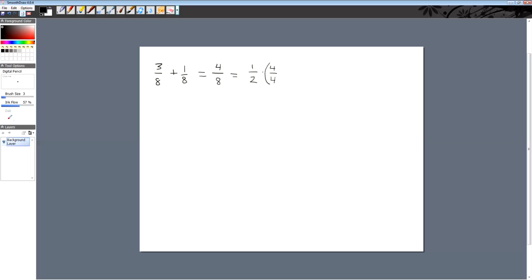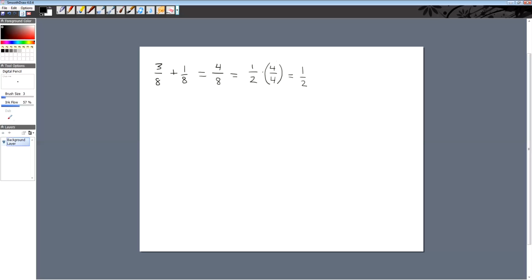And we know that any number divided by itself is 1. So a half times 1 is the same as 1/2. So the answer here to this problem is 1/2.